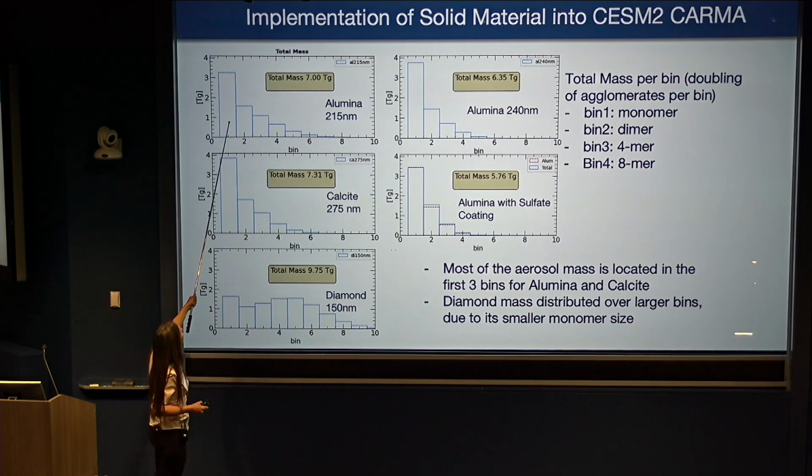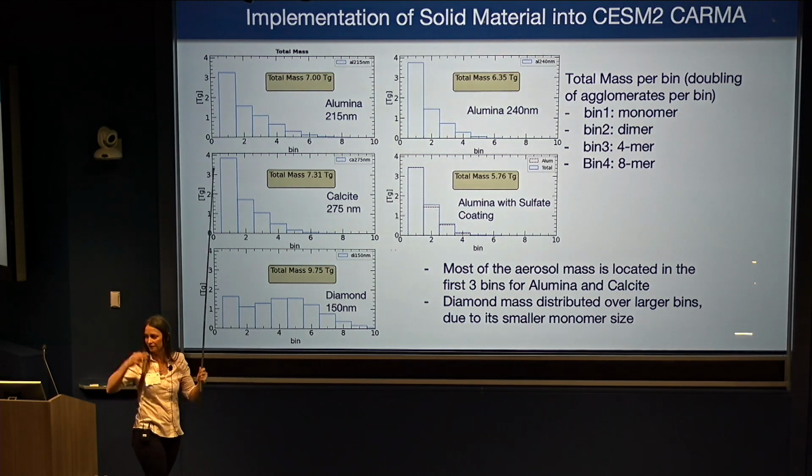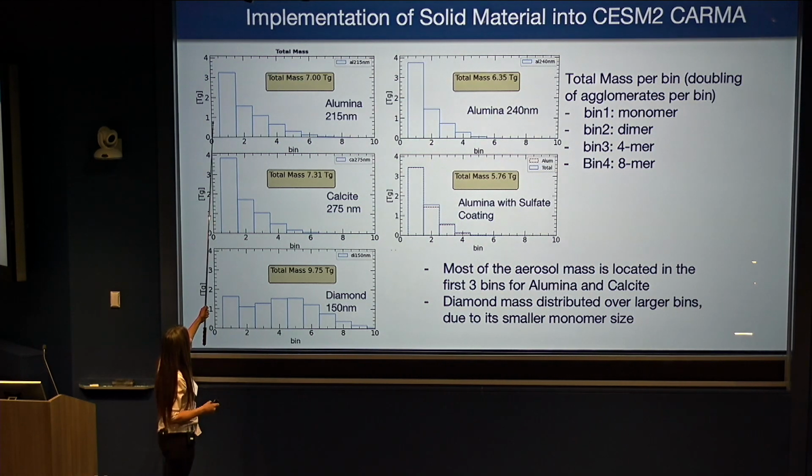Most of the mass for all these injections stays in the monomer, which we want, because what we saw in the first talk is that's the best for the radiative shortwave forcing. If we go to larger agglomerates, the radiative forcing goes down. And so we can test this, and we can compare, looking at the total mass, summing up all those different bins.